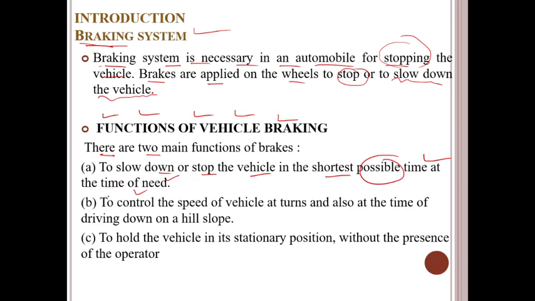Second is to control the speed of the vehicle at turns. Whenever you take turns, suppose on a curved road, at that time we need to apply the brakes, and also at the time of driving down a hill slope. So in such places we need to use the braking system.